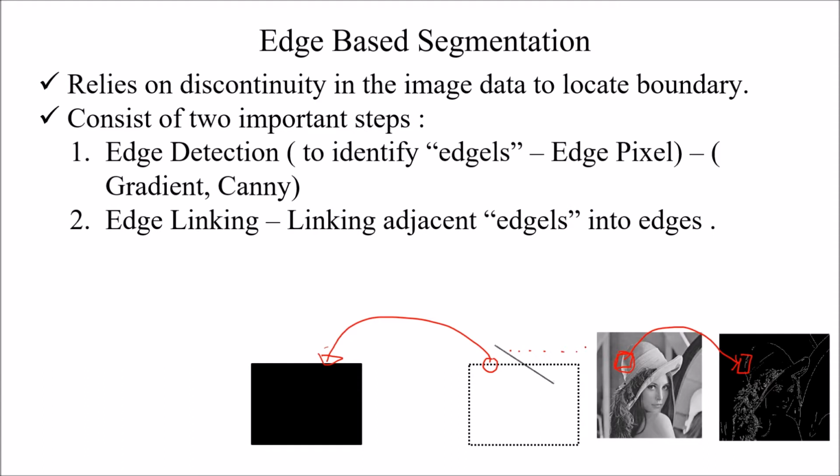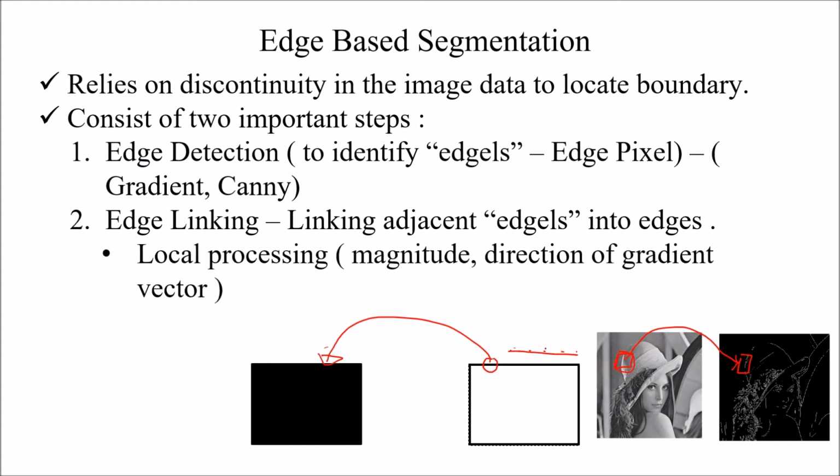The second step is edge linking. As can be seen in the illustration, edge linking means that you have constructed the edge, and how you are able to ensure that all the edges will be connected to each other so that you can construct either a line, a curve, or so on.